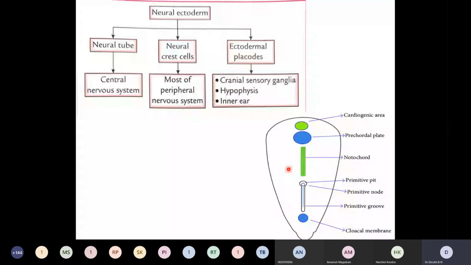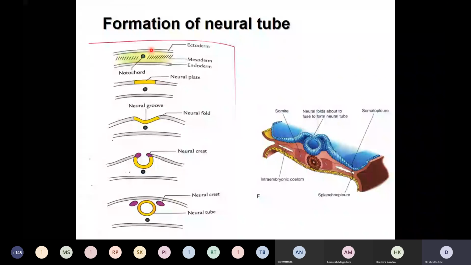See here in this image you can see this is the surface ectoderm, and green color thing is the mesoderm and below is the endoderm. In the center you have the notochord. On either side it forms a somite, right? So the part of the surface ectoderm which lies above the notochord thickens and forms a neural plate. Neural plate is also called as medullary plate.